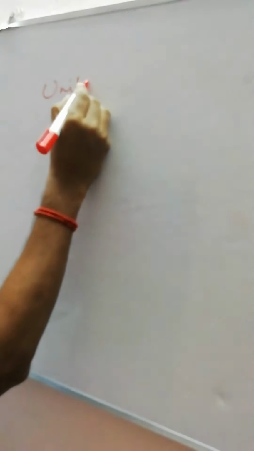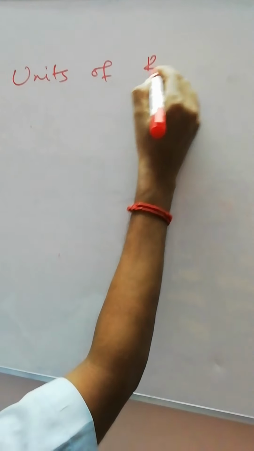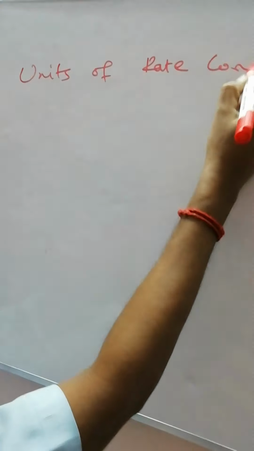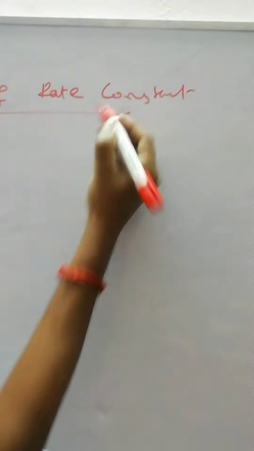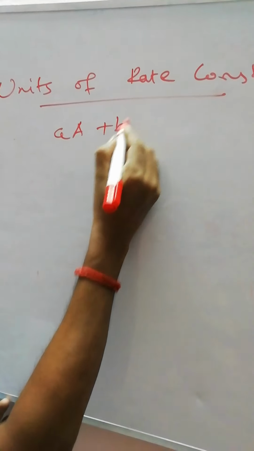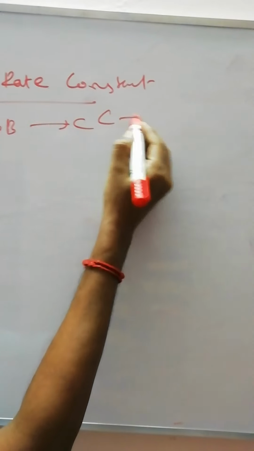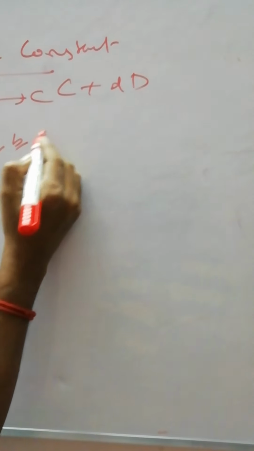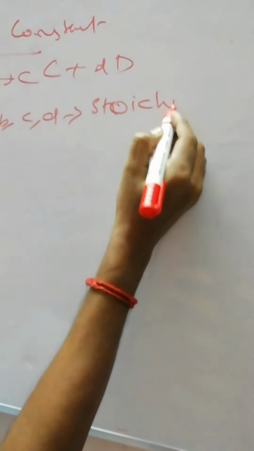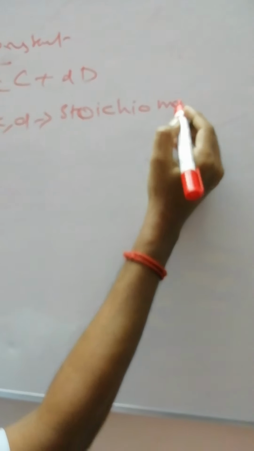Now I am going to explain the unit of the rate constant. Take the reaction aA plus bB giving cC plus dD, where a, b, c, d are the stoichiometric coefficients.